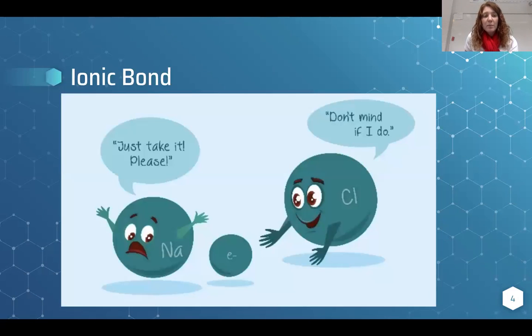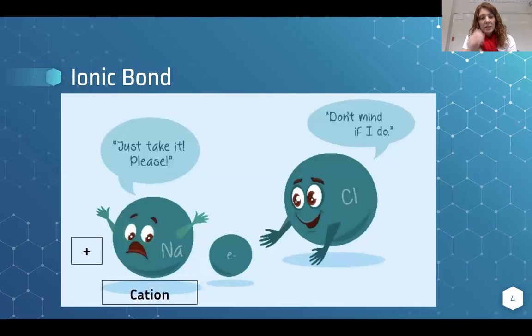So the first type of bond that we went over is ionic. With ionic bonding, we said that there's one atom that's going to be giving its electron away. We've got sodium and chlorine here as good examples. Sodium saying, just take it please, and chlorine saying, I don't mind if I do, going ahead and accepting that electron.